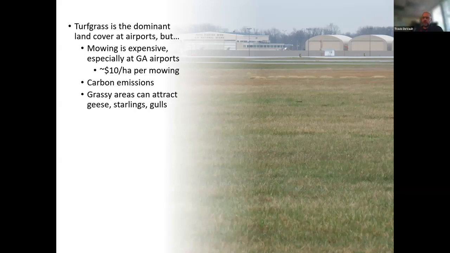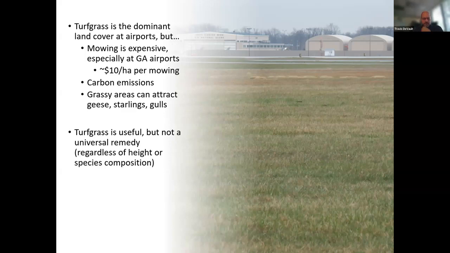And also, it's important to remember that turf grass is not a universal remedy for managing wildlife hazards at airports. Grassy areas can attract some of the species we're most concerned about at airports, like Canada geese, starlings and gulls. So even though it's useful, it's not a universal remedy, despite how you manage it.